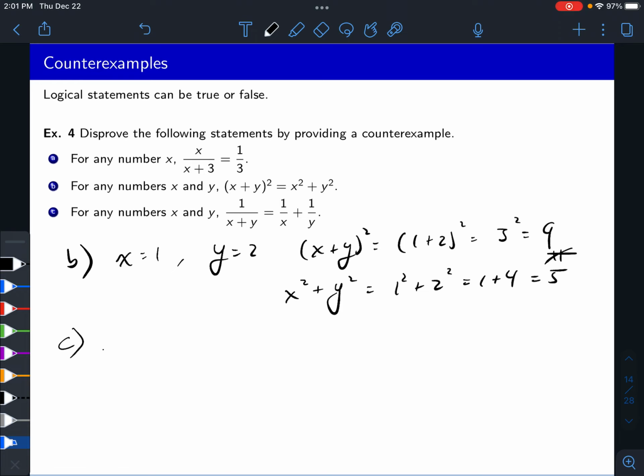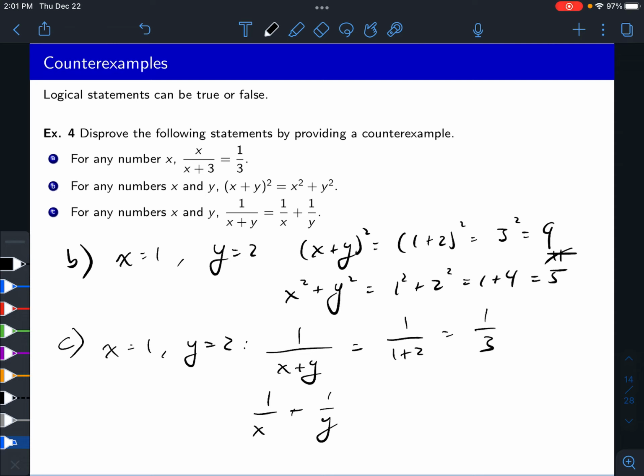I'm going to go ahead and do it myself. Let's stick with the same values of 1 and 2 and just see if it works. I don't know whether or not it will. I'm just picking numbers and seeing what we get. So I'll do 1 over (x plus y) and then 1 over x plus 1 over y. 1 over (x plus y) here is just 1 over (1 plus 2).